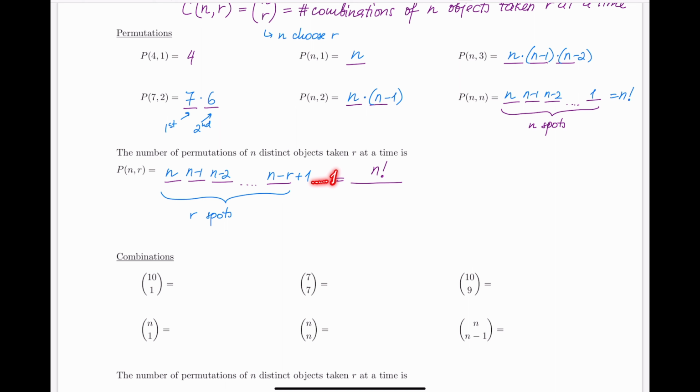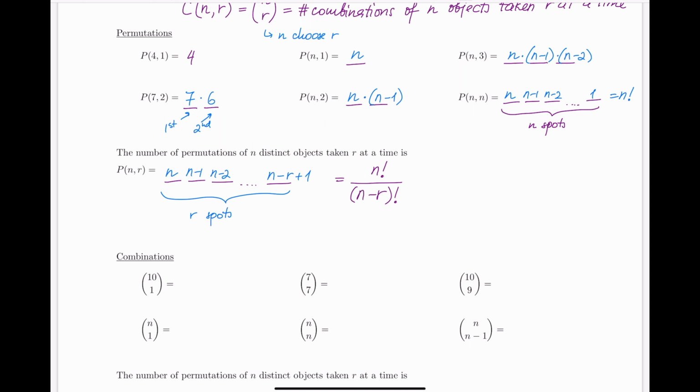So what goes next? Well, n minus r plus 1, the next step is going to be n minus r, and then n minus r minus 1, all the way down to 1. So this is also a factorial all in itself, with the largest term being n minus r. So the thing on the bottom here is actually n minus r factorial.